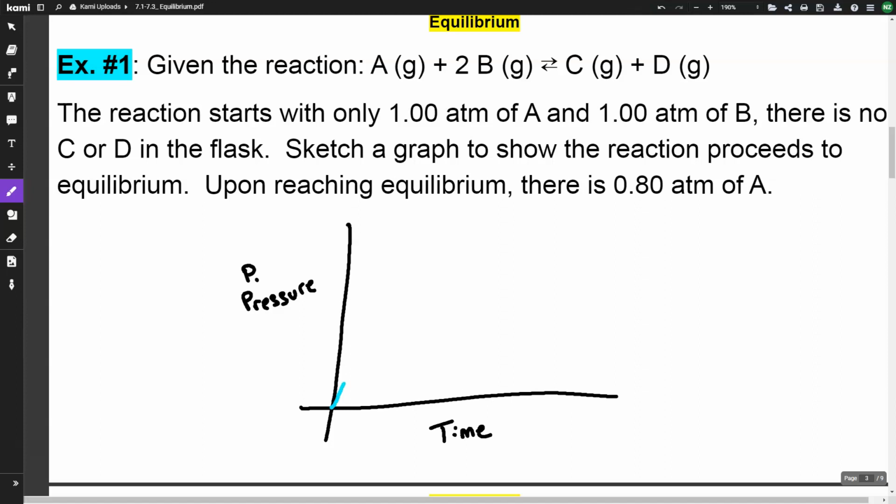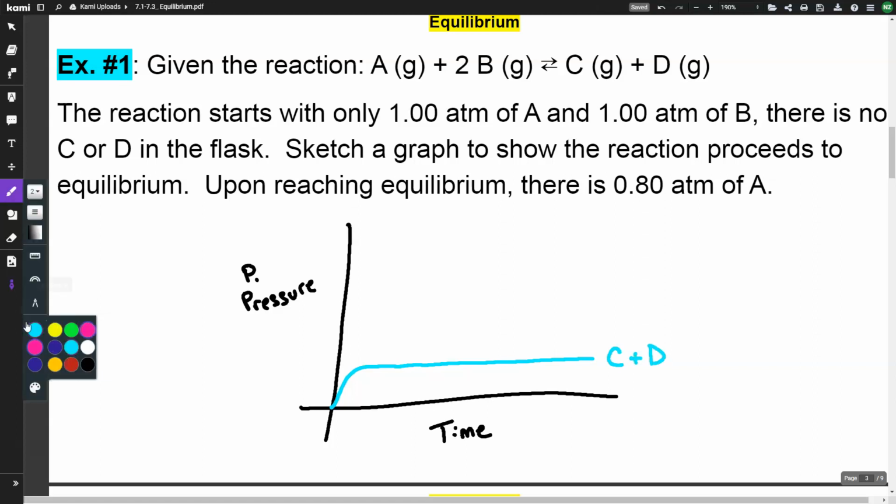So they are going to form, and then their amount is going to kind of taper off. Anytime we have something that's reaching equilibrium, it's going to taper off. Okay, so these are going to be C plus D. Next we have A and B. Okay, so I'm going to draw an A, and it's going to taper off like that.